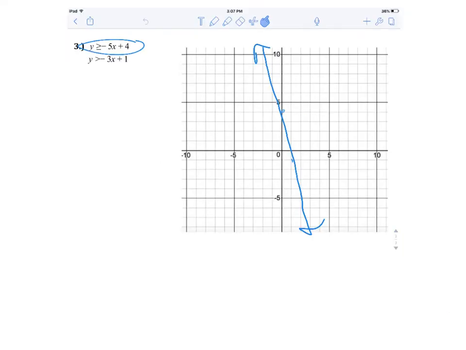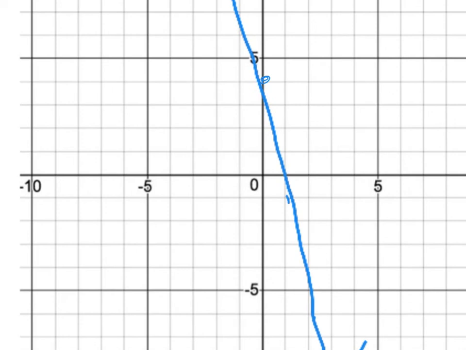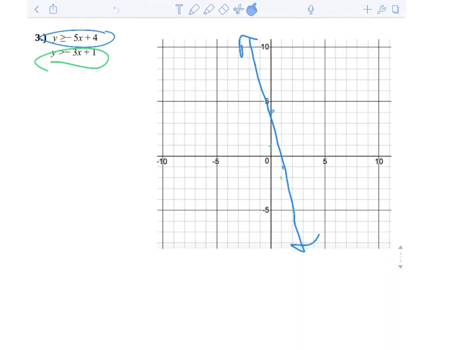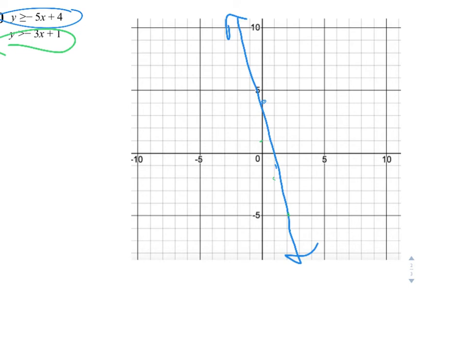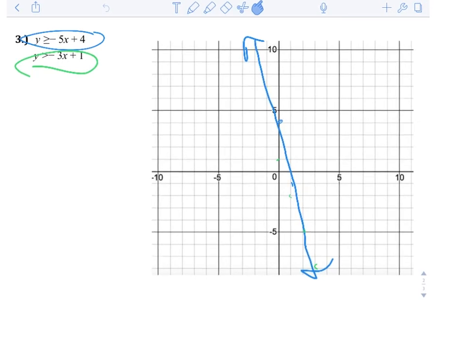Okay, so then from here we're going to graph the other inequality. We're starting at 1, and we're going to go down 3 over 1, a few more points. This is a dashed line, so I'm going to do my dashed line.